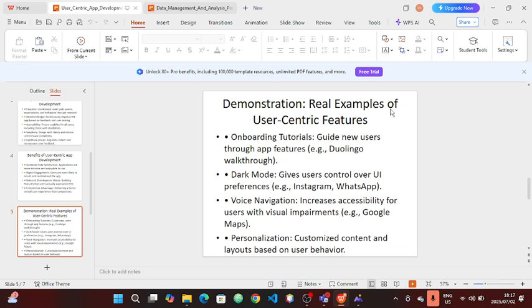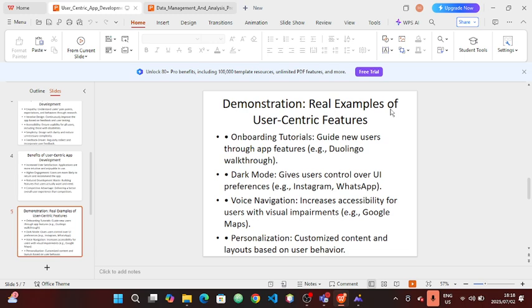And okay, we have examples here, demonstrations, real examples of user-centric features. Onboarding tutorials guide new users through the app features, and then we have our examples. We also have dark mode, which gives users control over UI preferences, and we have our examples listed.